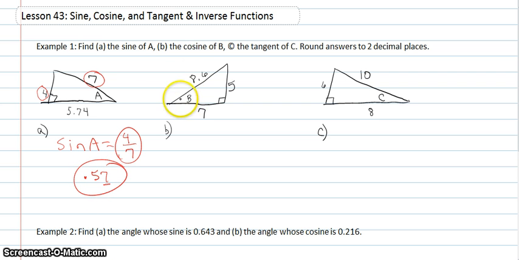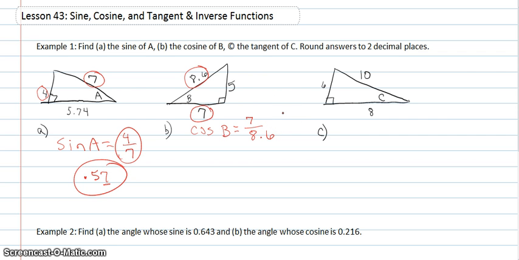Okay, and then on B, it says find the cosine of B. So the cosine of B, remember that was adjacent over hypotenuse, so that's 7 over 8.6. And since this has a decimal in one of the numbers, it makes sense that we would need to write this as a decimal.